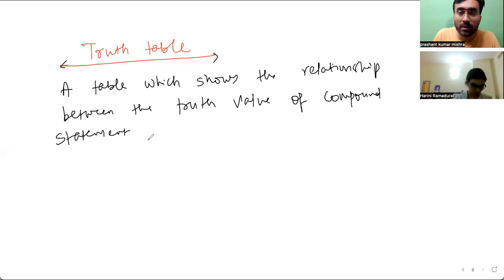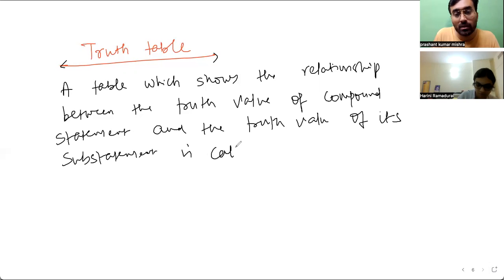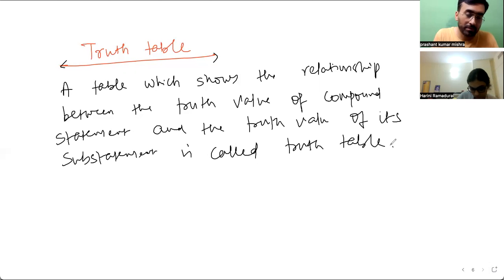In a compound statement, can one component have truth value true and one component false? Yes. The truth value of a compound statement and the truth values of its substatements together is called a truth table. That shows the basic relationship.